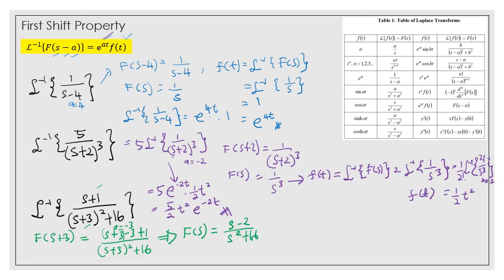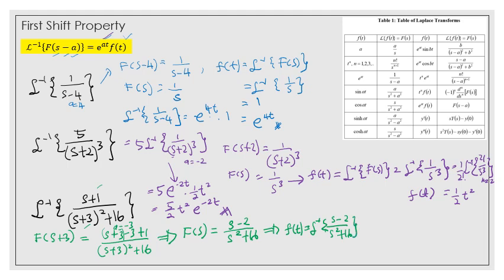Alright, so this is our f(s). So next, when we get f(s), we find f(t) equal to inverse Laplace of f(s). So our f(s) is (s minus 2) over (s squared plus 16).